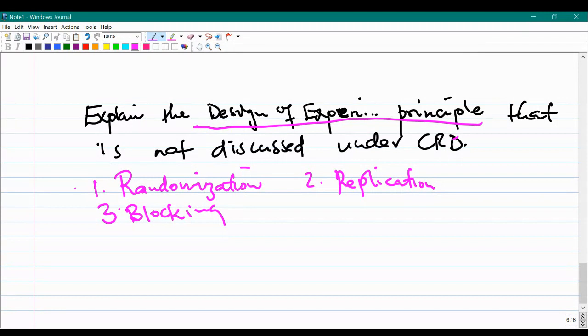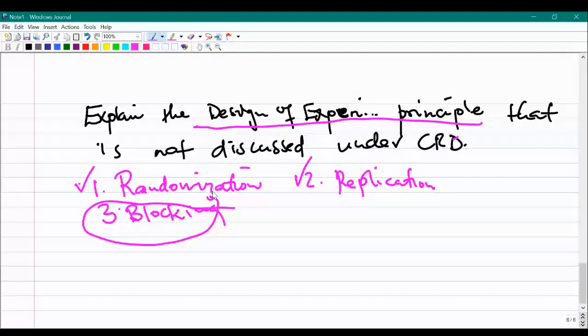When you deal with randomization and CRD, you apply the first two. Number 3 is not applied. So the question was asking you to indicate the principle which is blocking, and explain why we have to block. So when you read the question, understanding is very, very important.